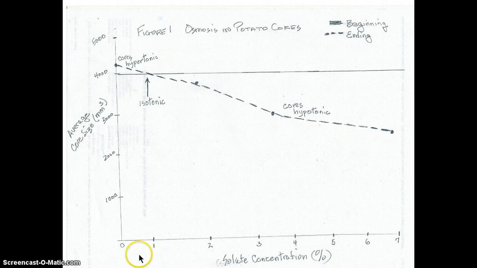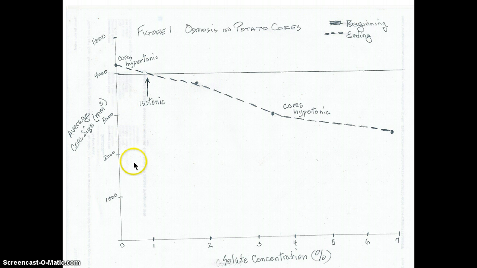Notice that the x-axis is supposed to be laid out in even units, not just the units that we actually had the cups in. We started with a beginning volume of 4,000 cubic millimeters for all the cores. No matter what concentration of salt was in the cup, we started with cores that were 4,000 cubic millimeters.